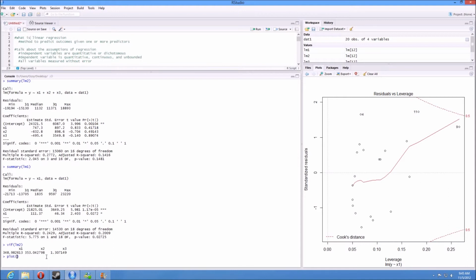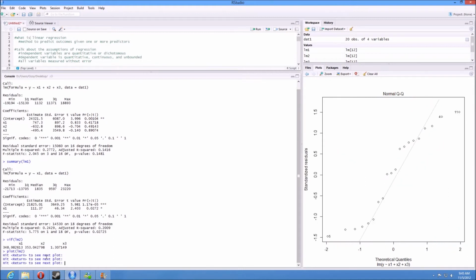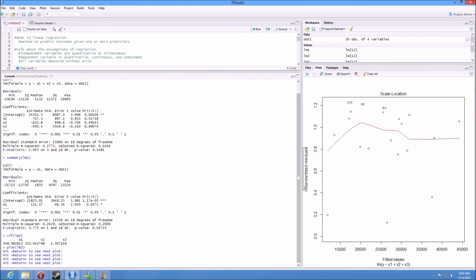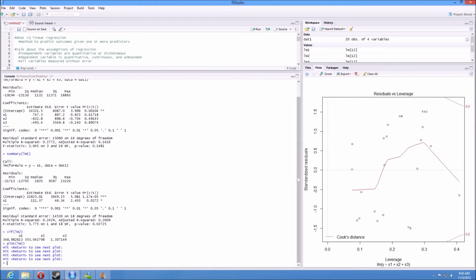Now let's go ahead and run our diagnostics again on our second linear model. And here we go. We're seeing pretty much the same effects. We're seeing that S shape, we're seeing the not normal residuals, and we're seeing similar effects with our residuals and leverage. So that's not really that different. There's a reason for that: x1 and x2 are the same variable, and x3 is noise.